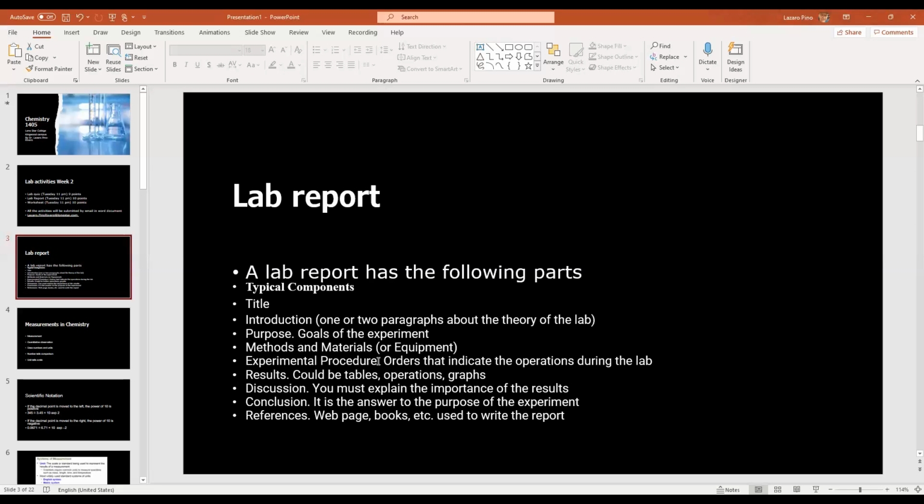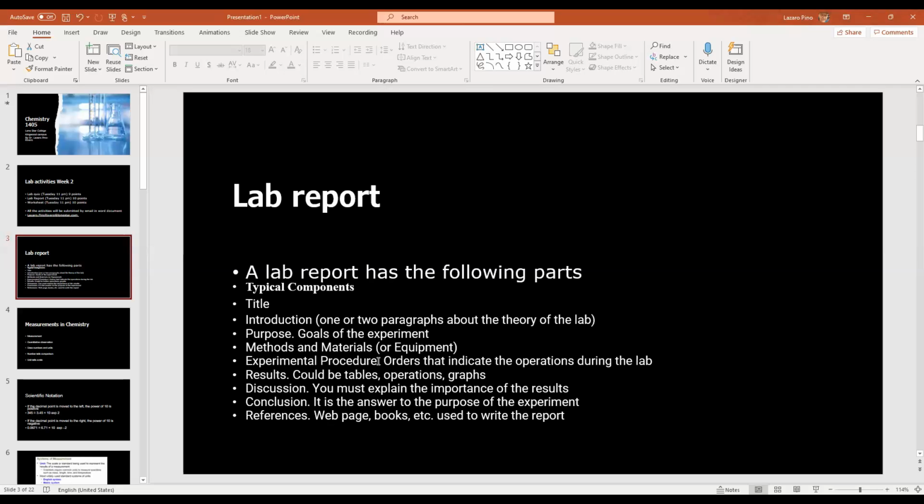In this case, are tables where you're going to write the results of the different measurements done by the professor in the video. The discussion will be an explanation of the importance of the result.